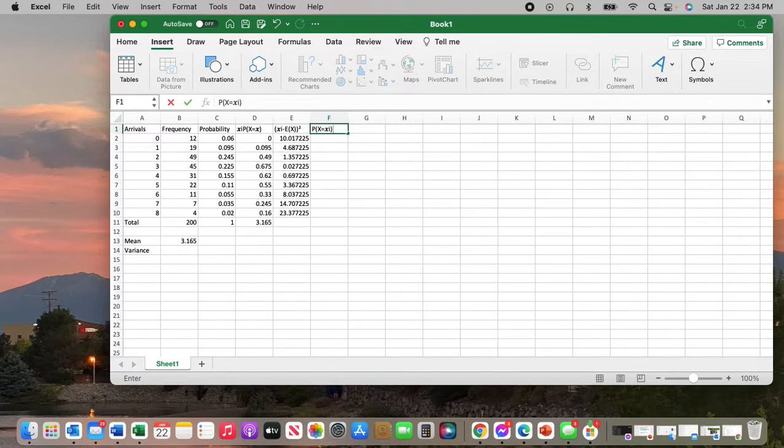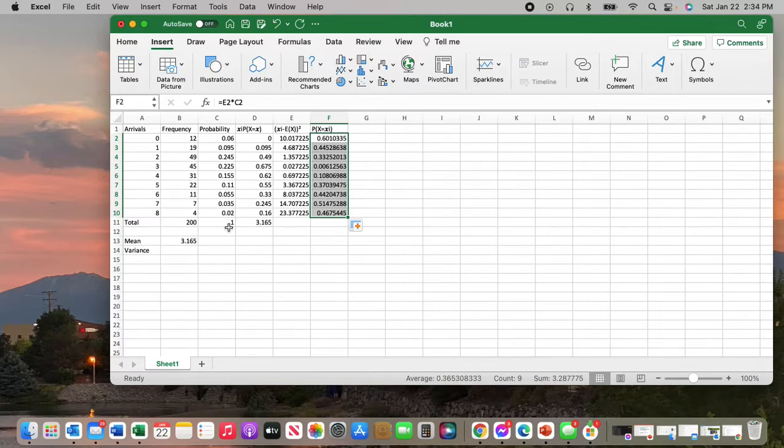All we have to do is multiply the value that we find by our probability. The value that we found was 10.01, and we multiply it by our probability, and that gives us that value right there. And once again, all we gotta do is drop this down.